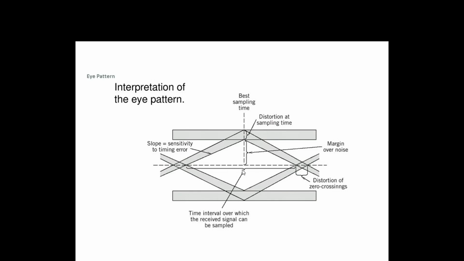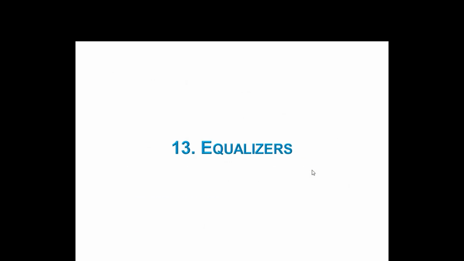If we take the samples at this time, we won't get any aliasing at all. Then we have the sensitivity to timing error: the slope of the eye pattern will give the sensitivity to timing error. And then the zero crossings will show detailed information.